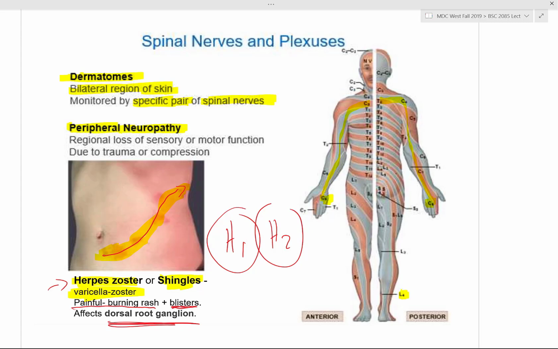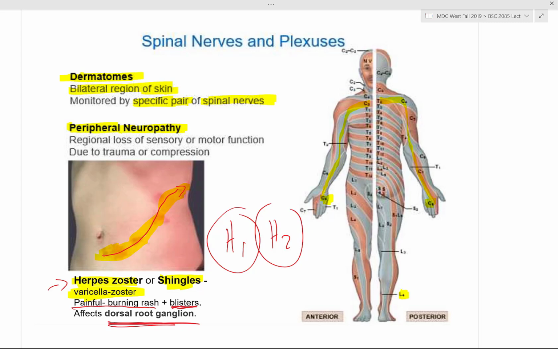Everybody got that? Nowadays, if you see a young individual with herpes zoster, just like this one, you have to think of something. One thing is that that person is immunocompromised or immunodepressed. So what is immunosuppression?